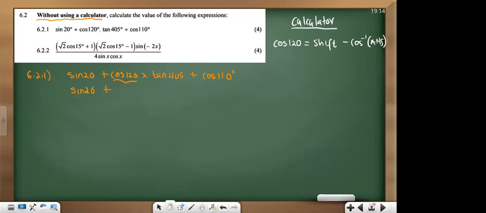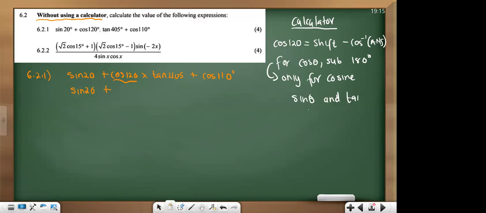And I told you for cos, what do we do? Subtract 180 from the answer. But only for cos, okay? For sine of theta and tan, they work nicely without subtracting. Do not subtract.